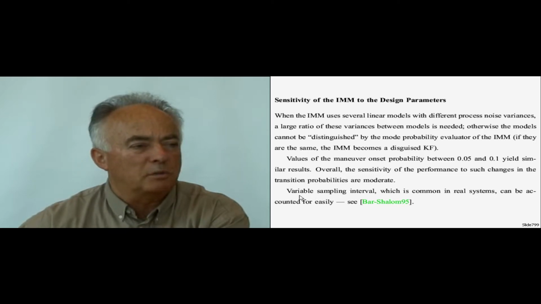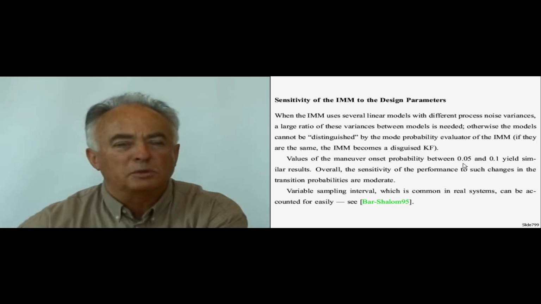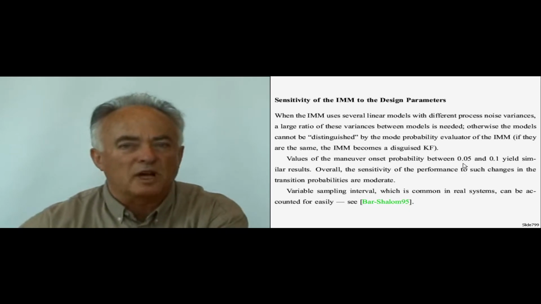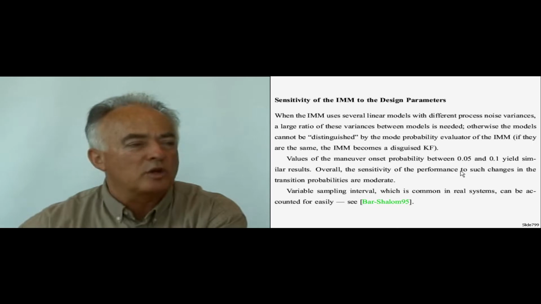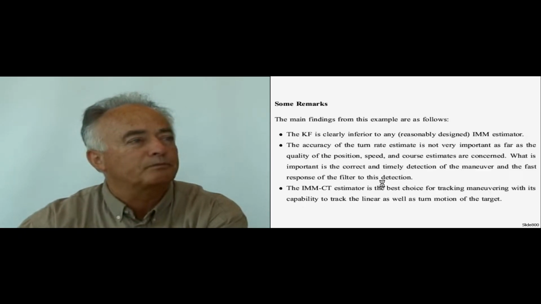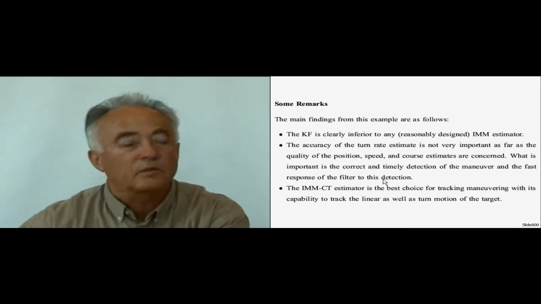One other problem in real systems, sometimes we don't have fixed sampling intervals, it's variable, and therefore it has to be accounted for by taking not fixed probabilities like we indicated here, but probabilities that depend on the sampling interval or the revisit time. We can have different situations, and this is discussed in the literature with a proper reference.